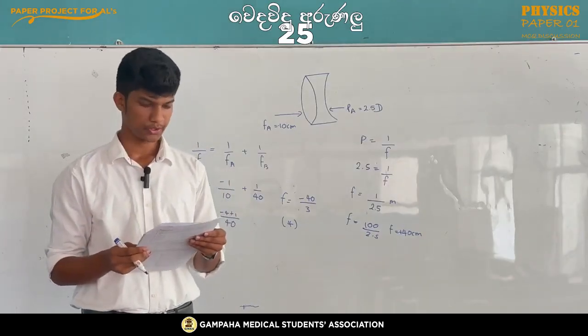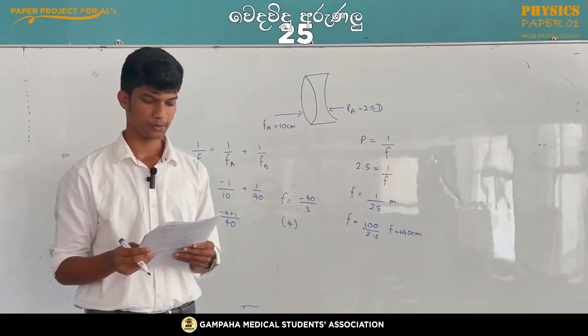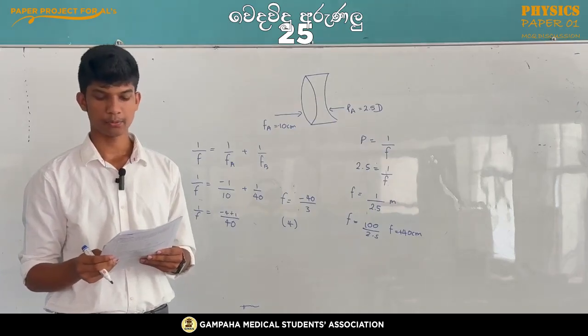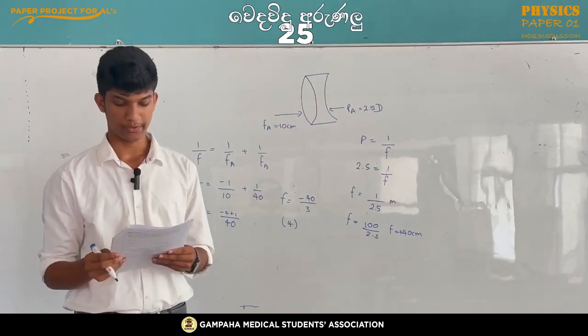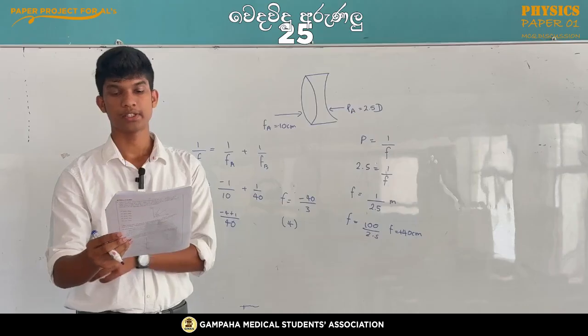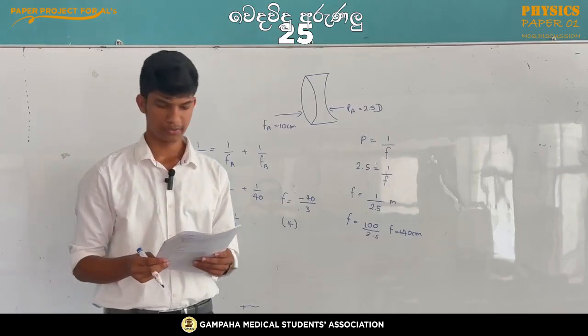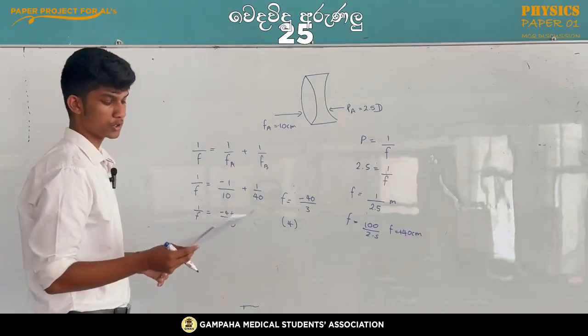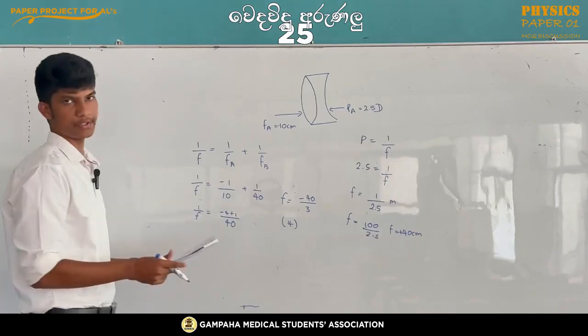In the 12th question, which of the following statements is always true? If an object floating in a liquid is in stable equilibrium, its center of buoyancy lies below its center of gravity. So in this statement, what you have to realize is that they are asking about what are the statements that are always true. So then if an object is floating, the center of buoyancy lies below its center of gravity only if it is partially submerged.